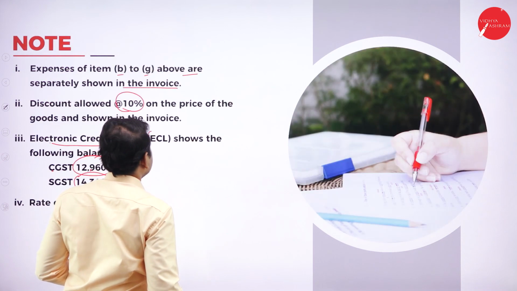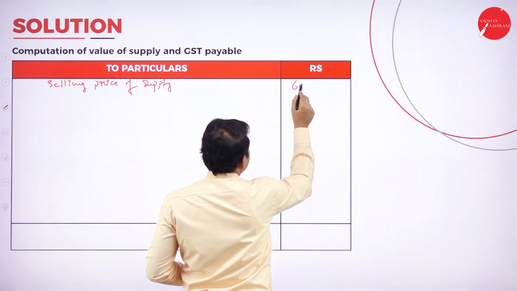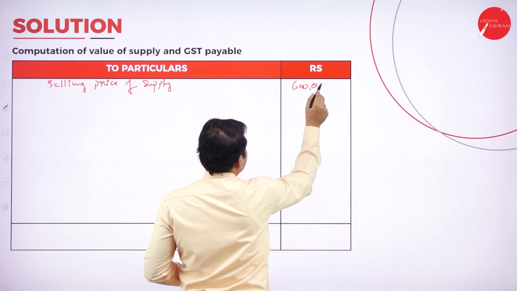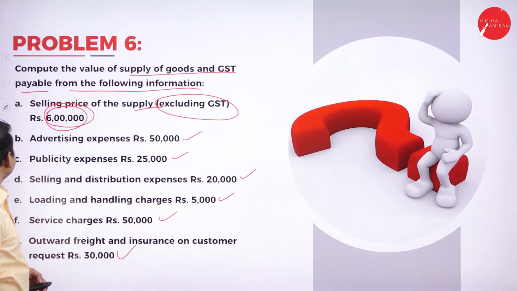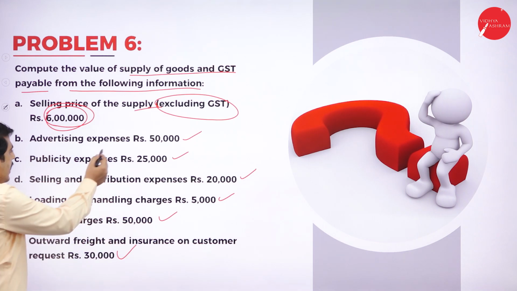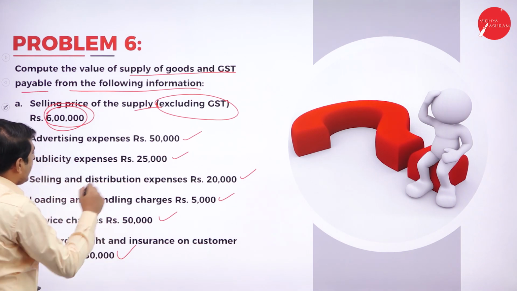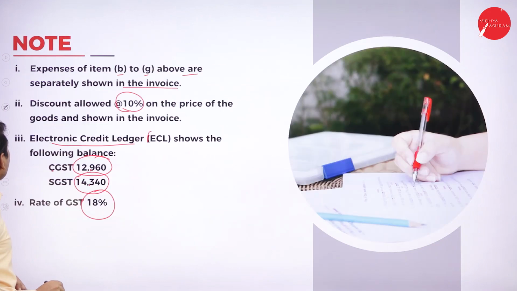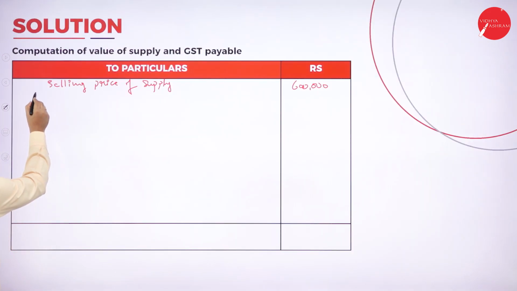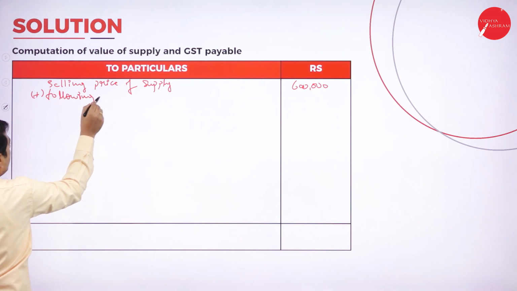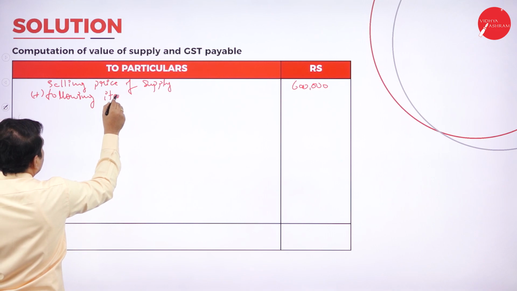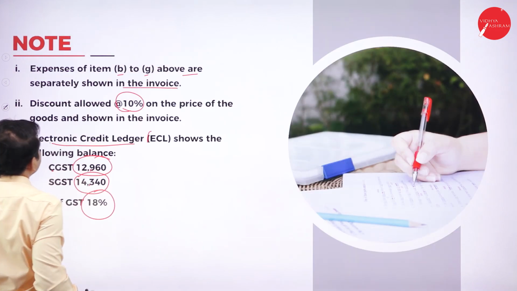How much? 6 lakh. Selling price of the supply is 6 lakh. Next, we can add advertising and all other expenses here. Add the following items.